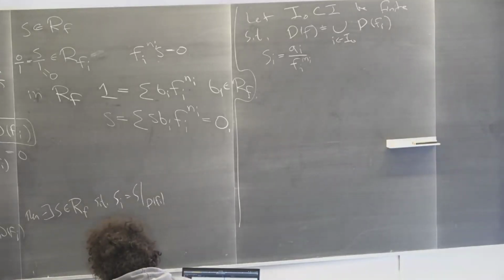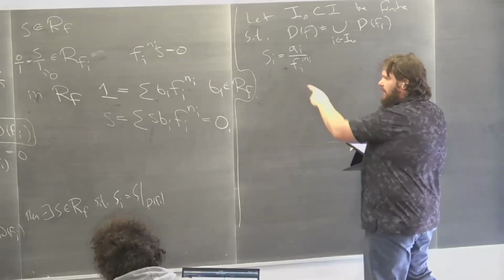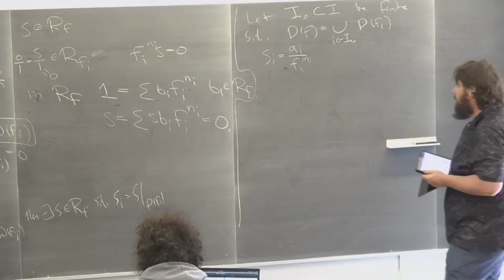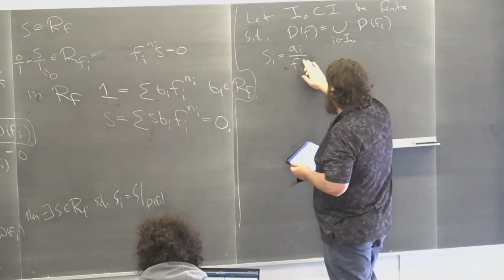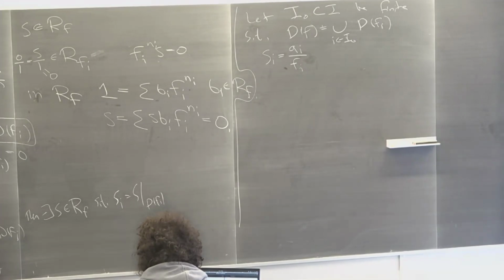But just to keep my notation simple, I can always replace FI with a power of FI without changing anything. I won't change this property, and I won't change that this guy lies in the localization. So replacing FI with a power doesn't change anything, and I can keep my notation simple and assume that SI is just alpha I over FI.